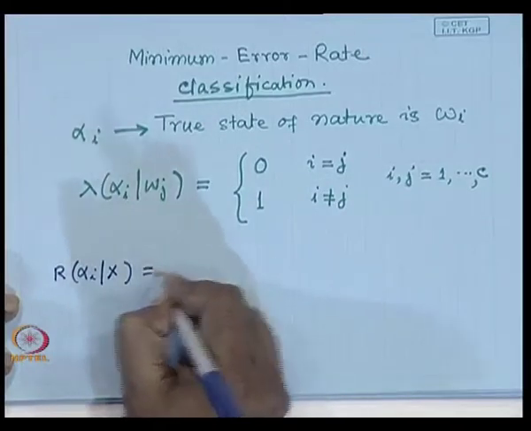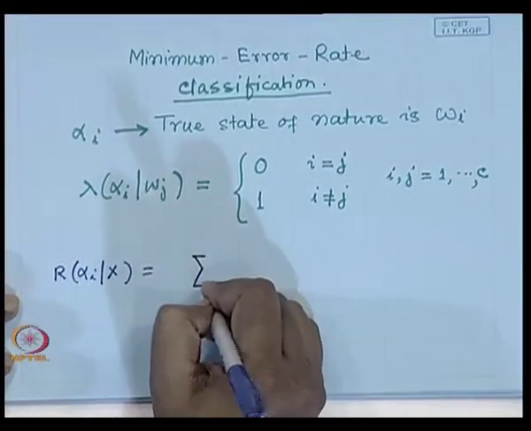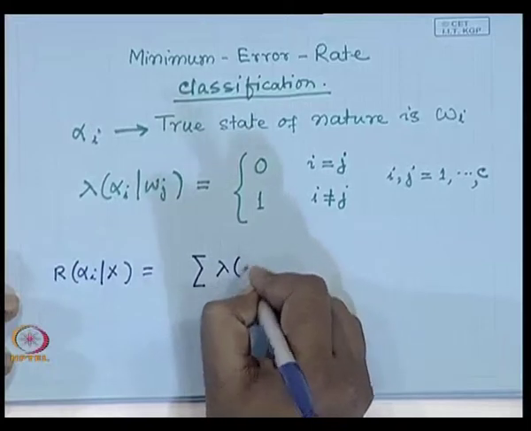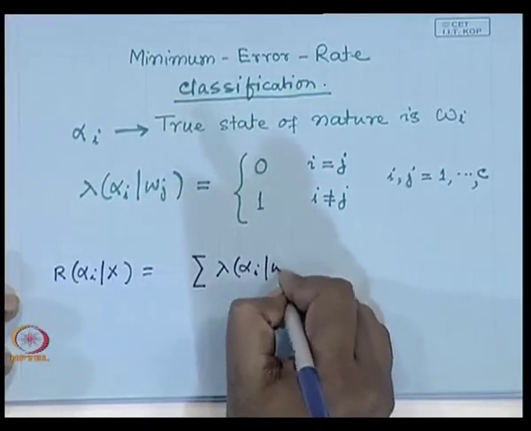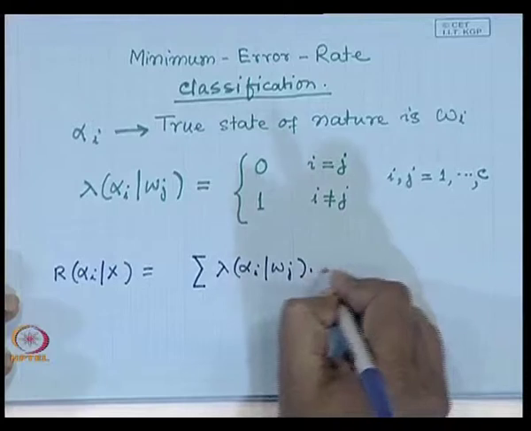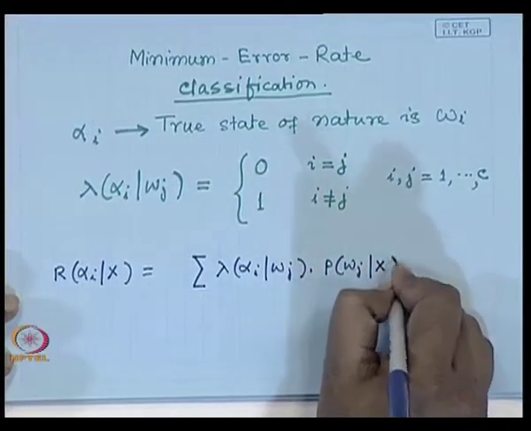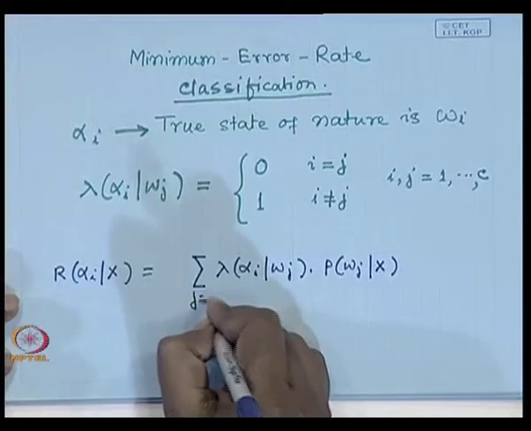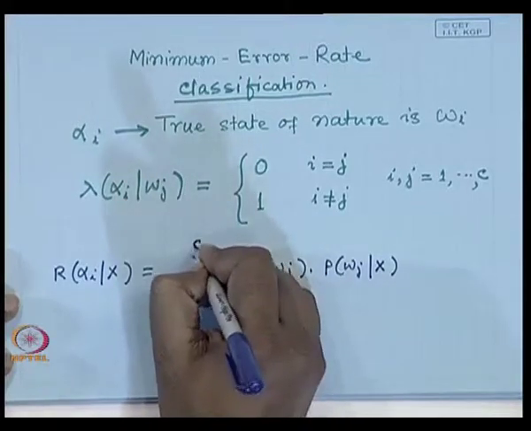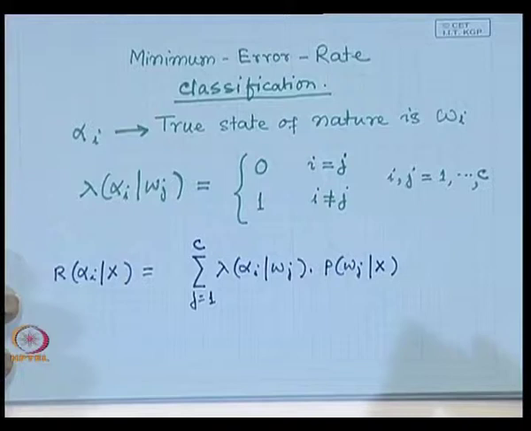That will be nothing but, as we have already said, the sum of lambda of alpha i given omega j into p of omega j given x, where j varies from 1 to c. So, this is the loss involved or the risk involved for taking an action alpha i.